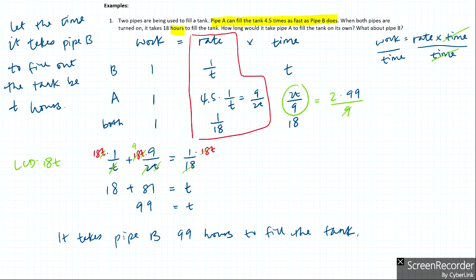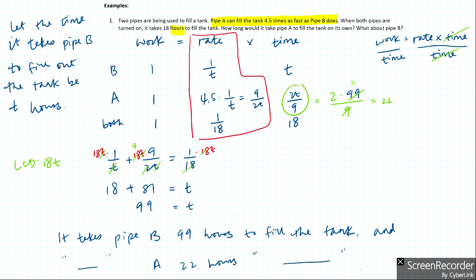With a cancellation of a factor of 9, I have 2 times 11, which is equal to 22. So that means it would take 22 hours for pipe A to fill the tank individually.